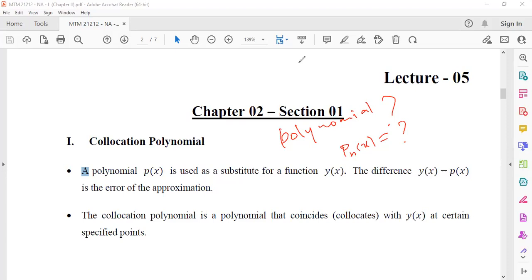Okay, good. Let me ask one of the persons. 149, can you give one example? Registration number 149, can you answer me? Yes, good, good. You all have given a nice answer. Where is 149? Can you give one answer?